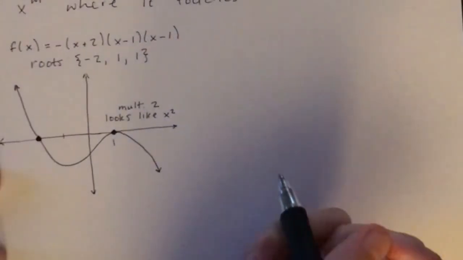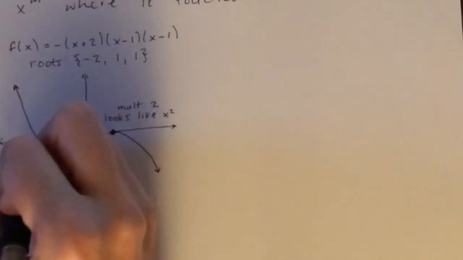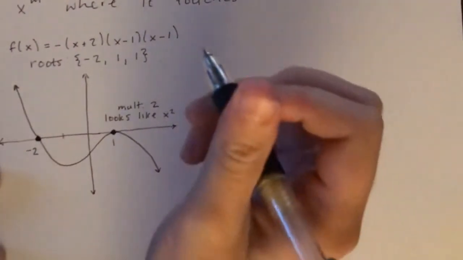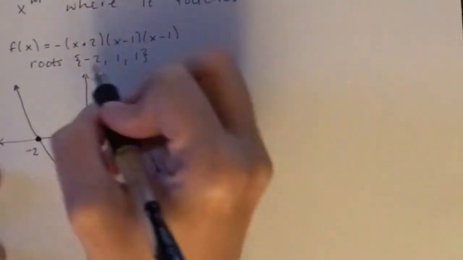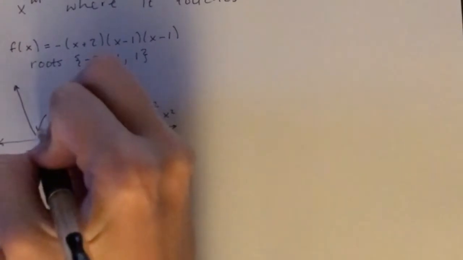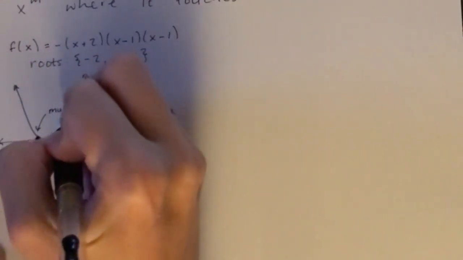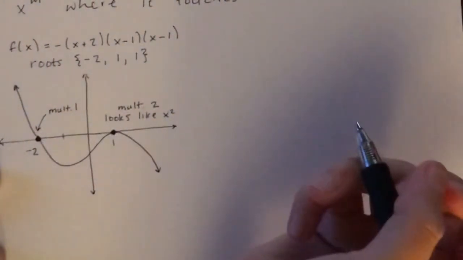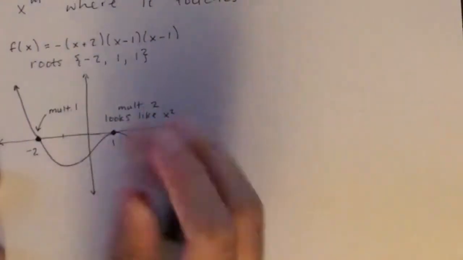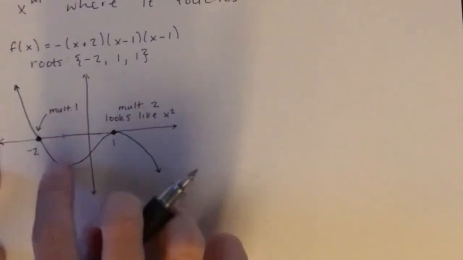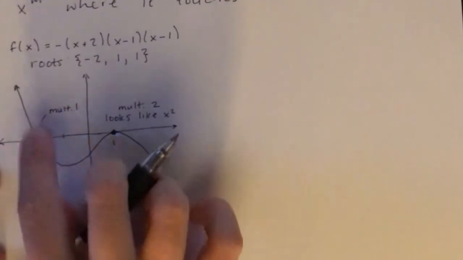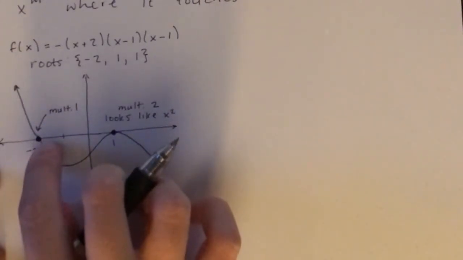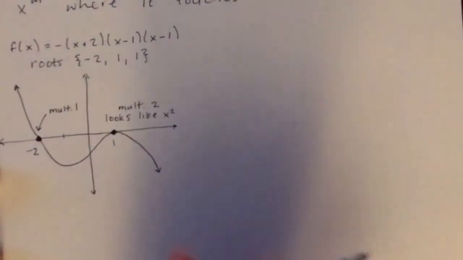Our other 0 here is negative 2. Negative 2 in our list of roots shows up once, so we have a multiplicity of 1. And if we were to look just at this section of the graph, if I zoom in on this point, it's just passing straight through, not doing anything funky.